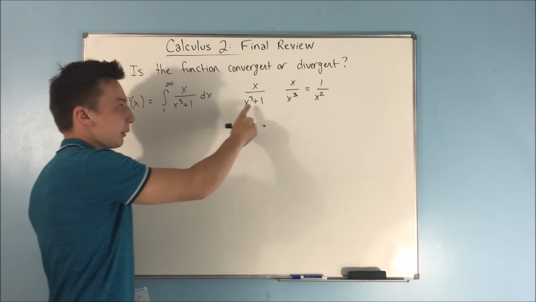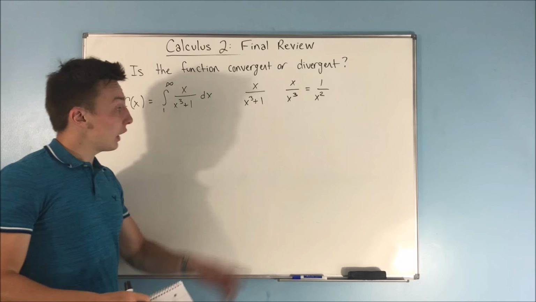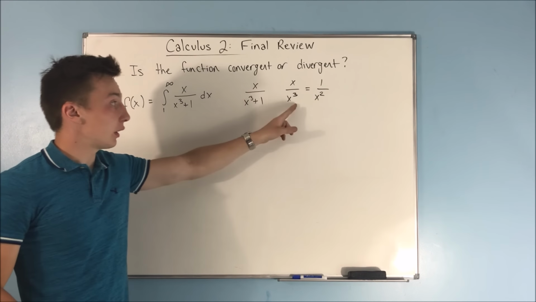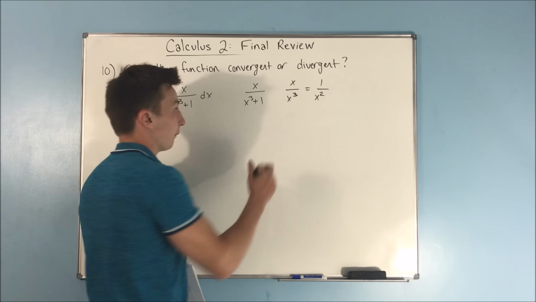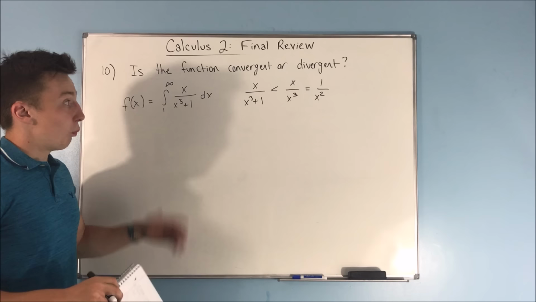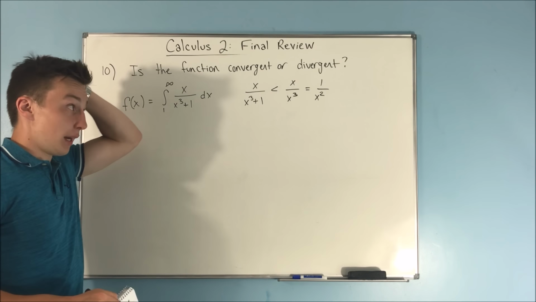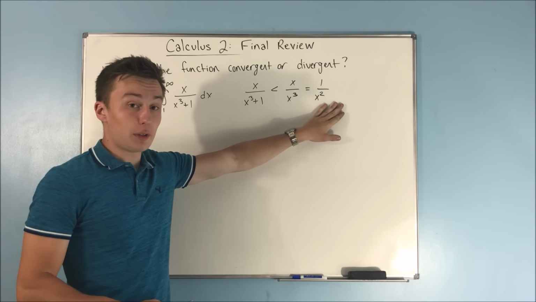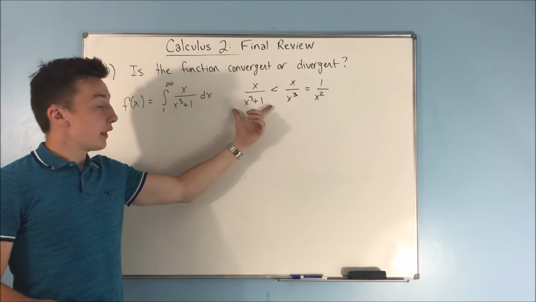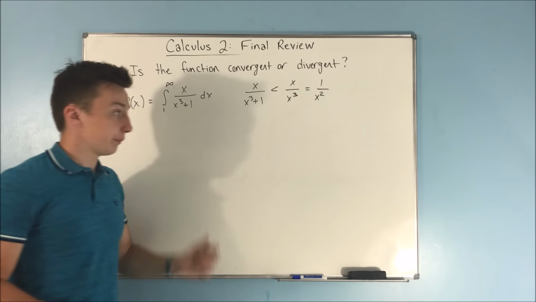So what's the relationship between these two? Well, since you're adding 1 here, this denominator is going to be larger, so the fraction will be smaller than this fraction here. And of course we should know this by now, this integral will be convergent. So since this is greater than this, this will be convergent as well.